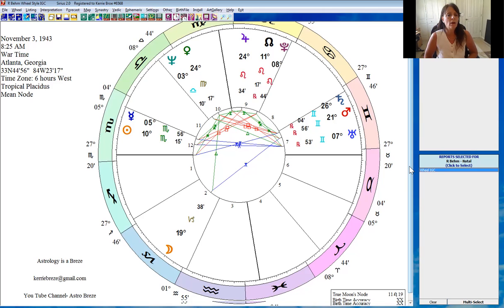Then I'm going to just start looking around the chart, broaden it. I see a cluster of stuff right up at the midheaven. I see Venus in the 10th house. So that person is going to value work, value order, and it's in Virgo. It's in a sign that's compatible with Venus, Virgo, the Virgin, and then Venus on that side.